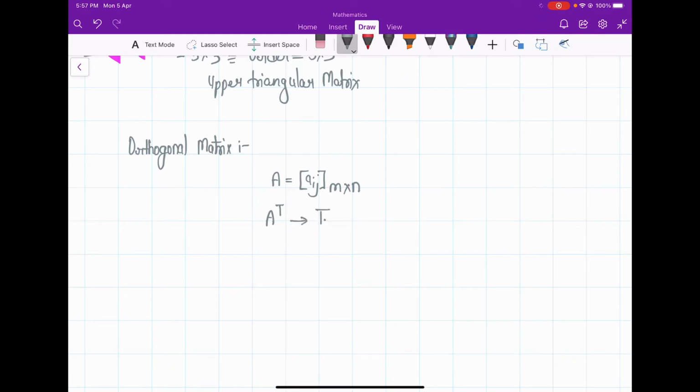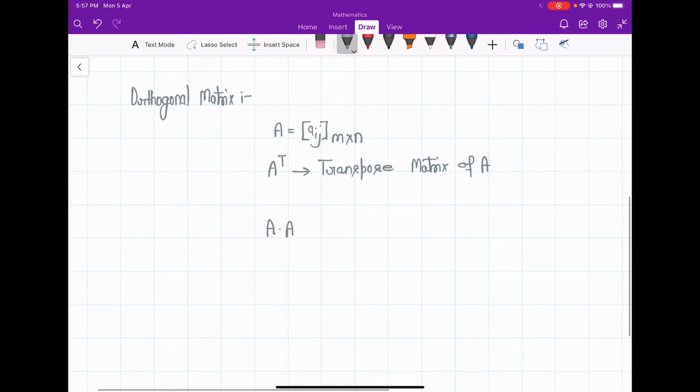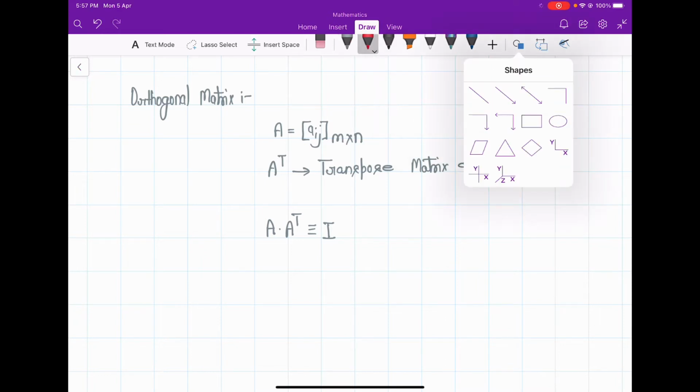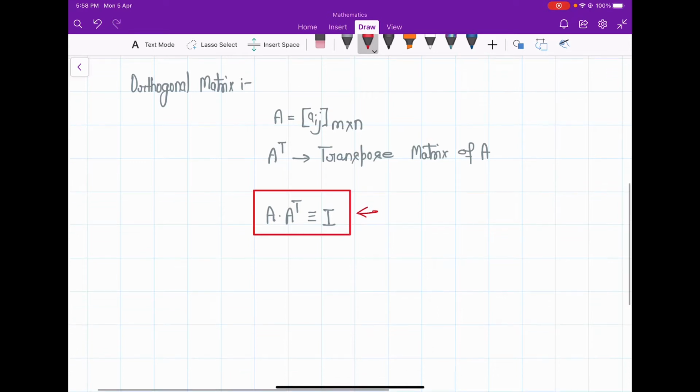So A^T will be the transpose matrix of A. The orthogonal matrix is defined as: the multiplication of A into transpose of A gives the identity matrix. So the definition of an orthogonal matrix is that the product of A and its transpose gives the identity matrix. If a matrix satisfies this condition, then you can say the matrix is an orthogonal matrix.